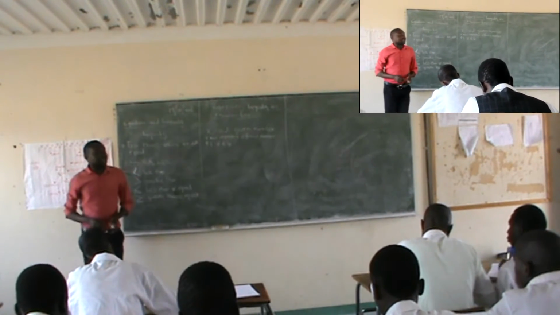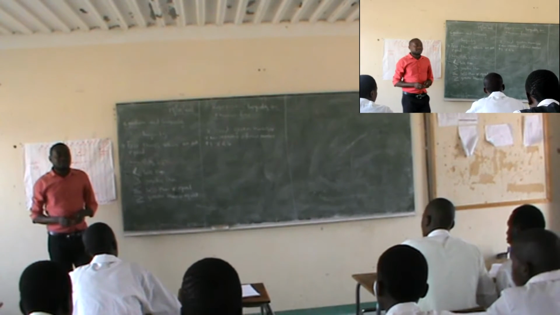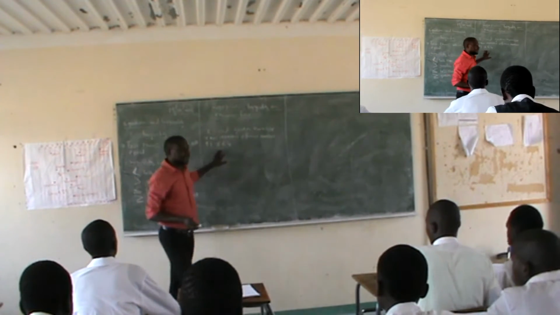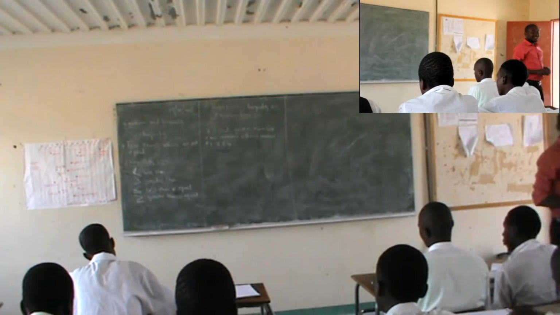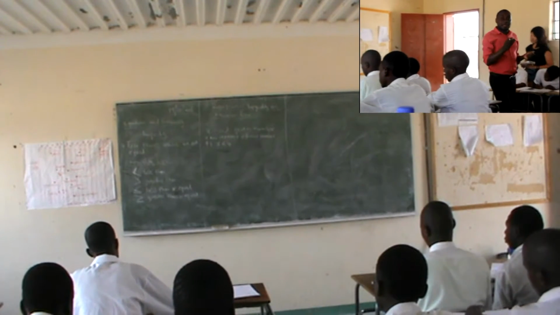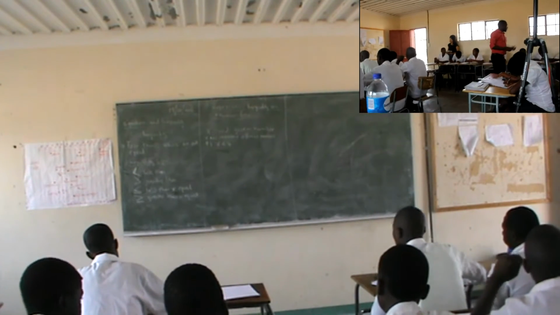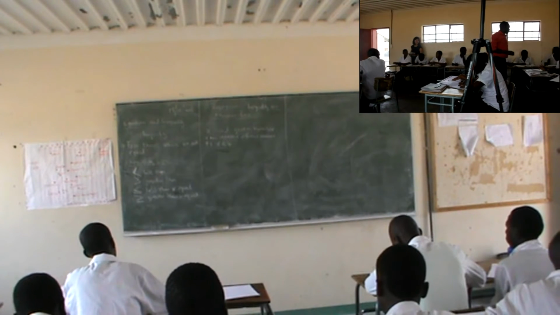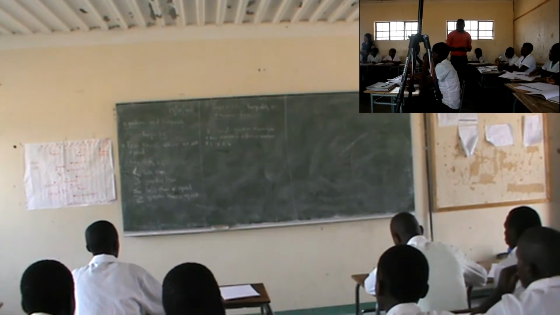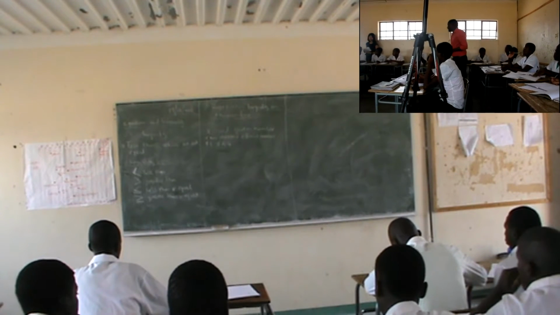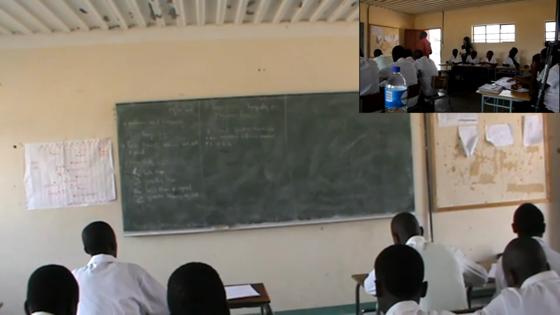for example, we have this one. How do we read that one? How can we read this one? Mari? Sure. x is less than 4.